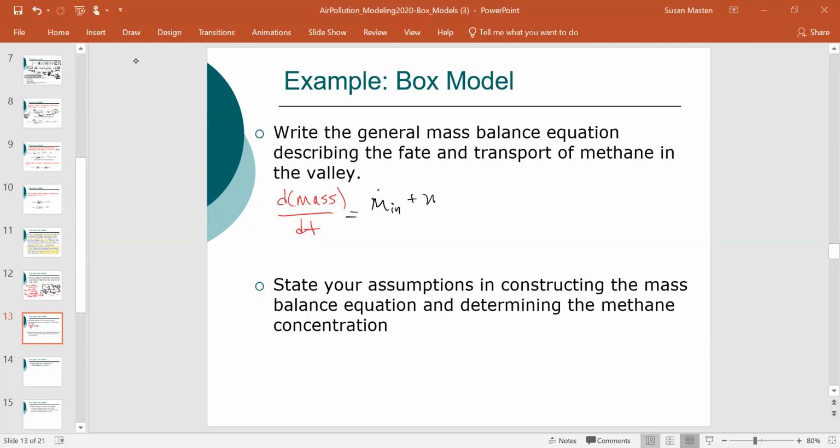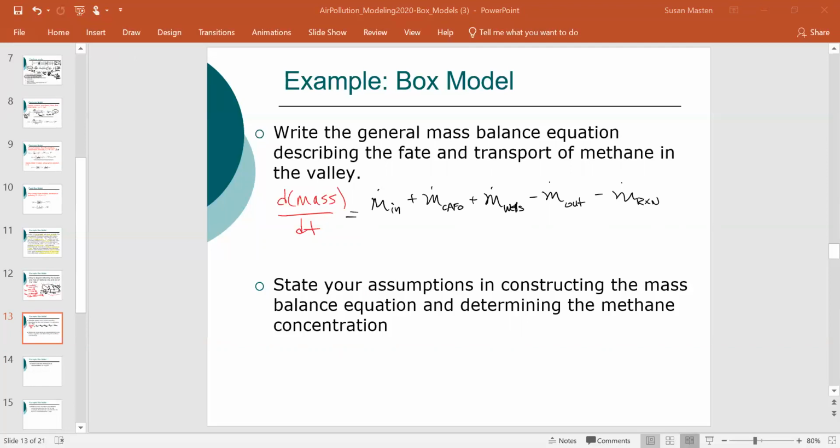We have our mass rate from the CAFOs. We have our mass rate from the wells. We have our mass out through the opposite face, and we have the mass out to the reaction.